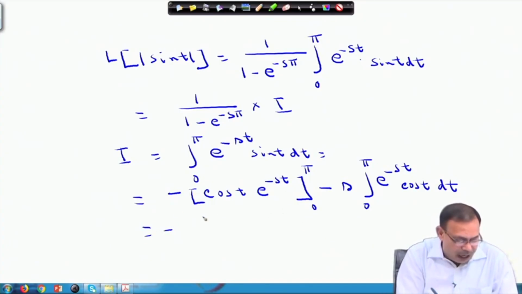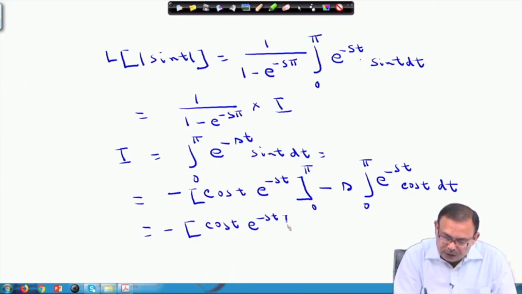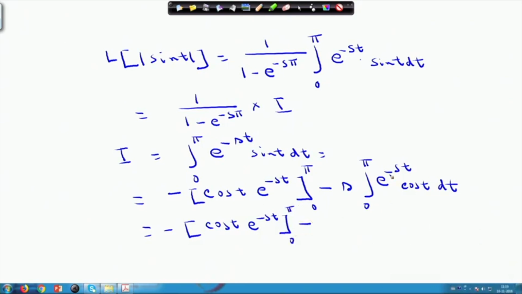Again repeating the process by parts, we obtain minus s into sin t e to the power minus s t from 0 to pi, minus s square into the integral from 0 to pi of e to the power minus s t into sin t dt.